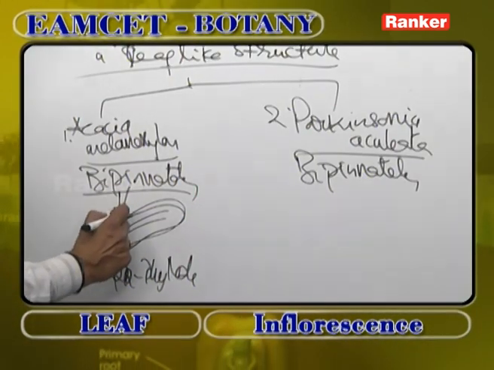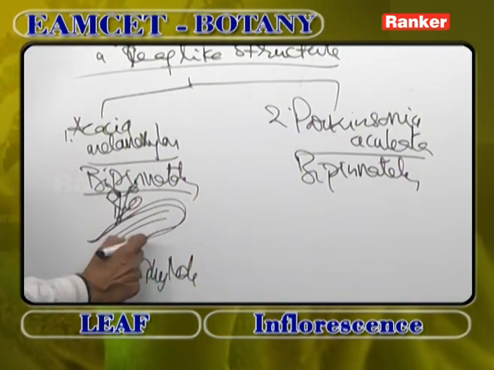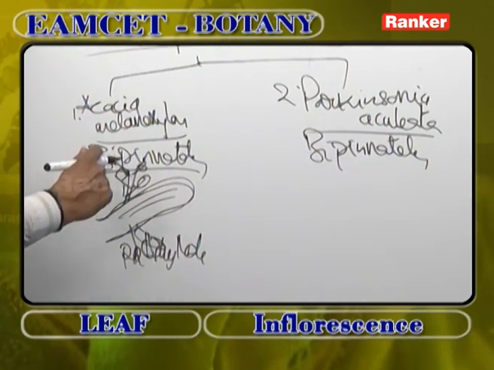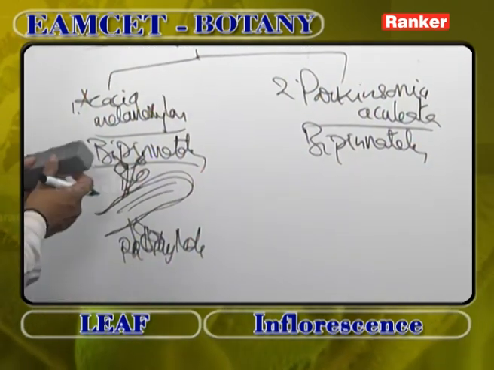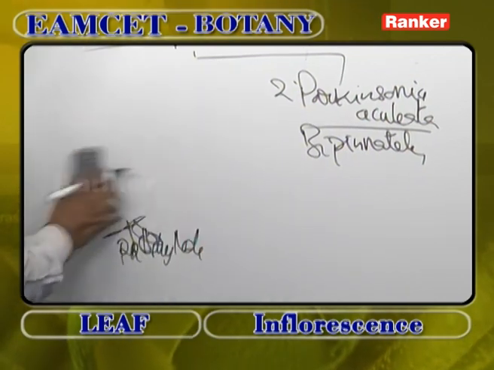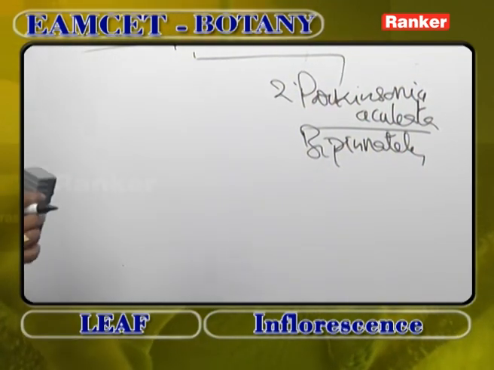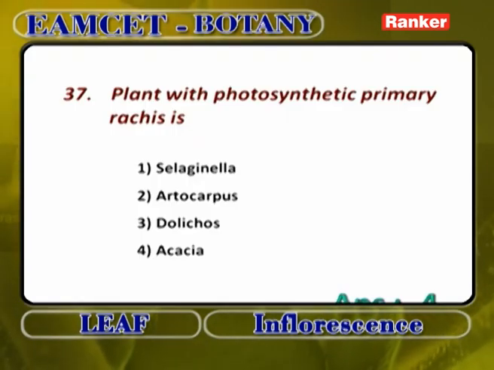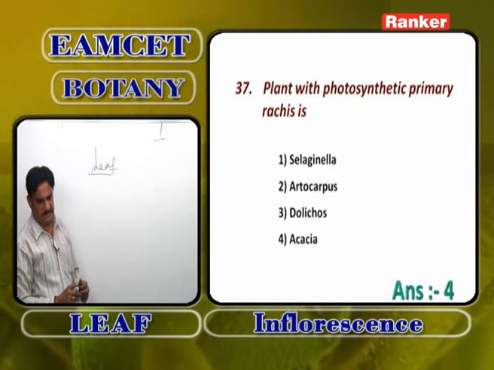It bears secondary rachis which bears leaflets. But gradually the secondary rachis and leaflets, everything falls off. Only the primary rachis performs photosynthesis. In Parkinsonia, the primary rachis becomes a spine. The secondary rachis becomes a phyllode which performs photosynthesis, and stipules also become spines.